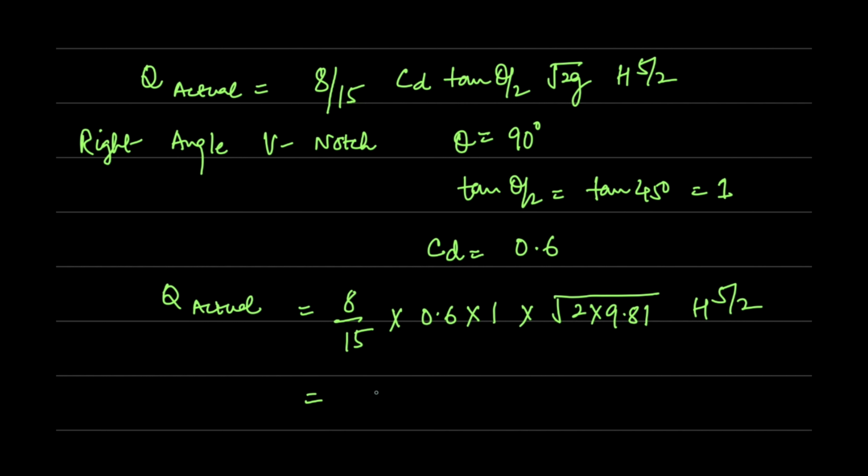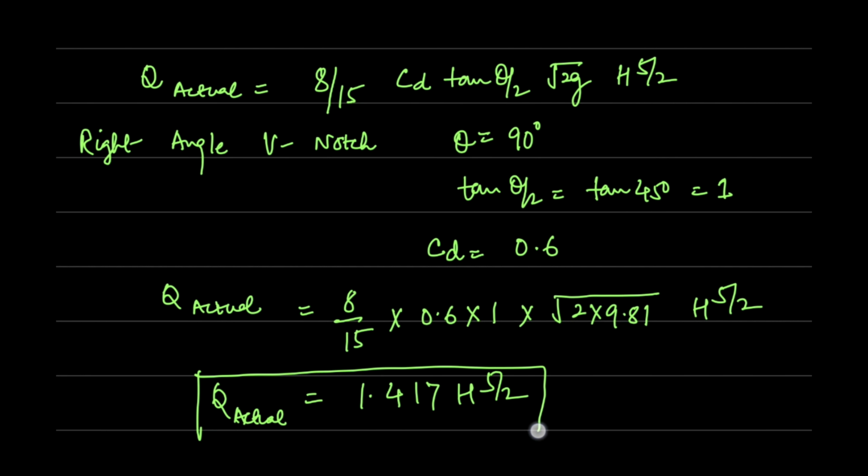So after simplification, this equation will look like 1.417 h raised to the power 5 by 2. So this is the equation for actual discharge for a right angle V notch.